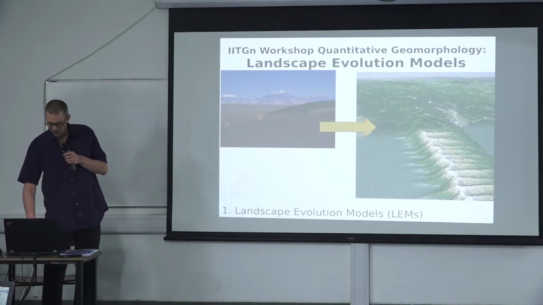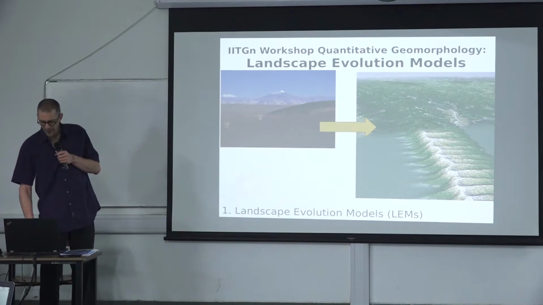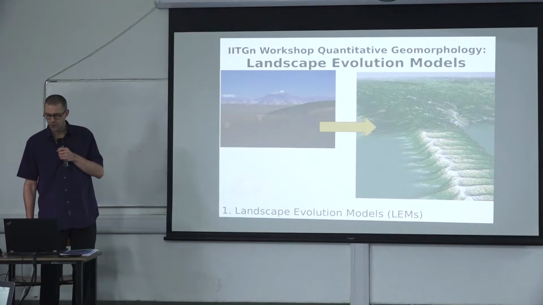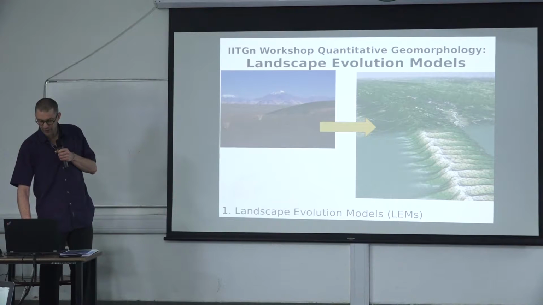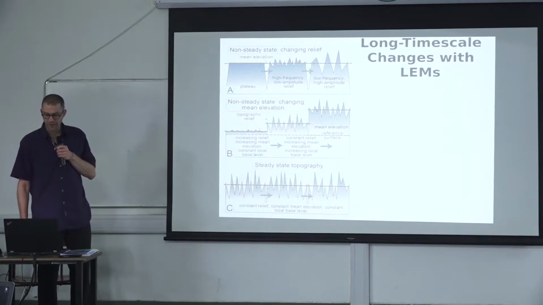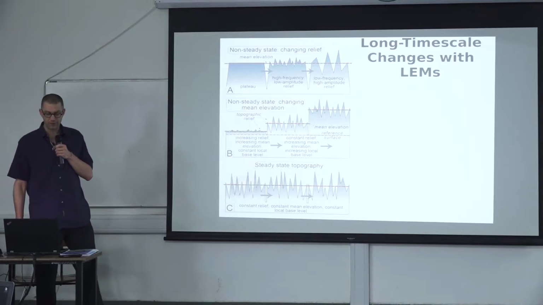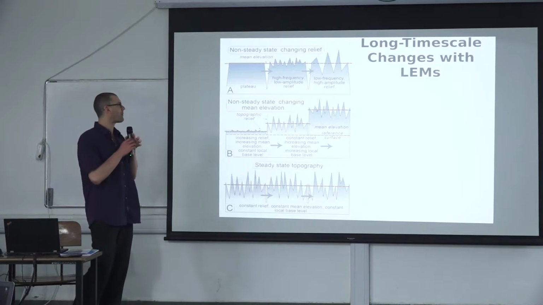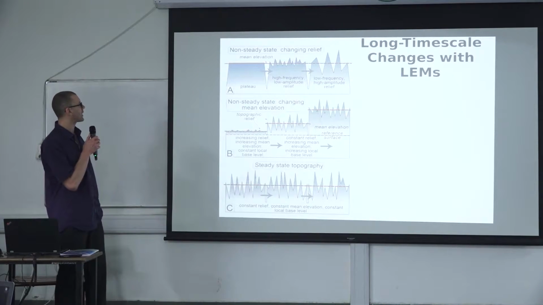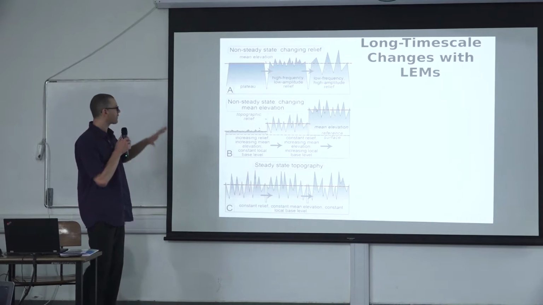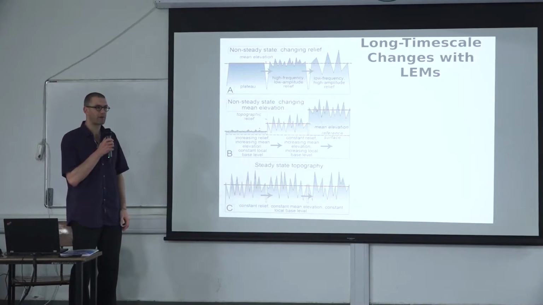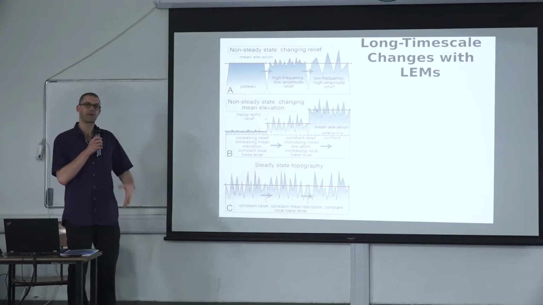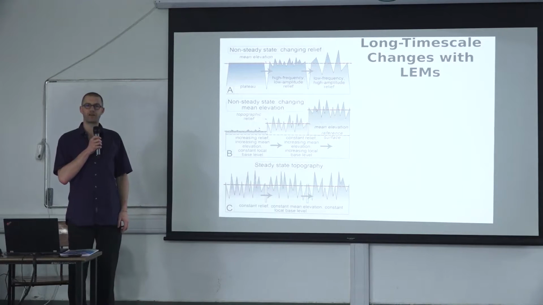So the idea about landscape evolution models is not new, and has not started with numerical models. It started a long time ago, when people started to think about how landscape has changed. And I first talk a little bit about the history of landscape evolution models, just because there are 2 centuries of landscape evolution models that exist.